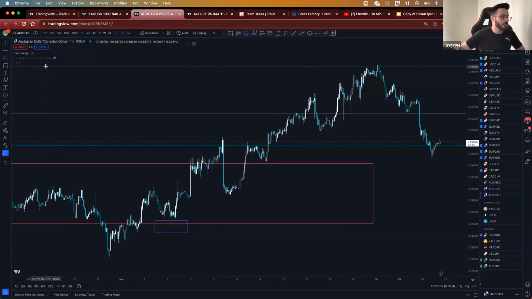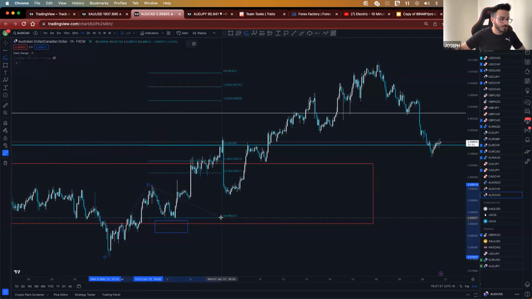trend-based Fibonacci extension. How am I going to draw this? The first click should be at the beginning of the sequence, at the start. The second click should be at the last point of this move. And the third click should be at the correction.